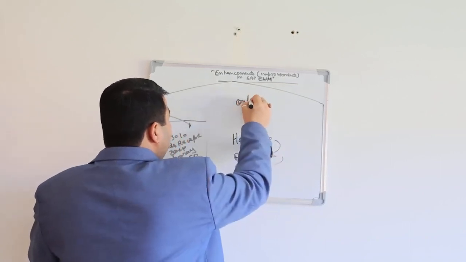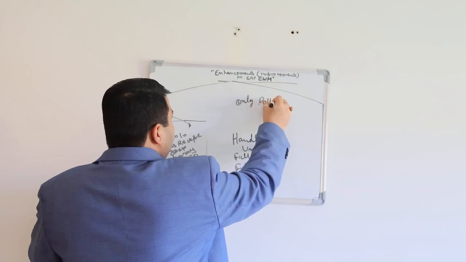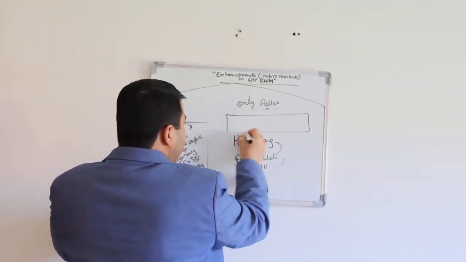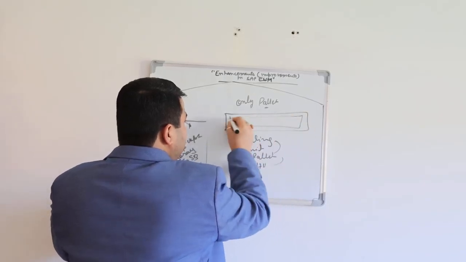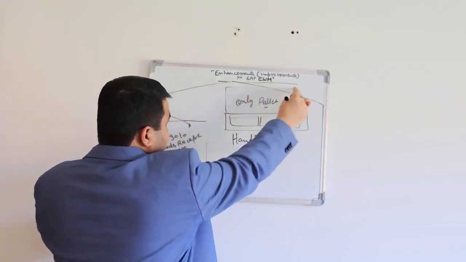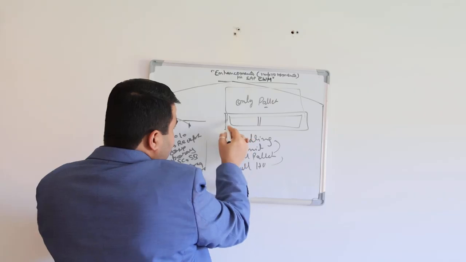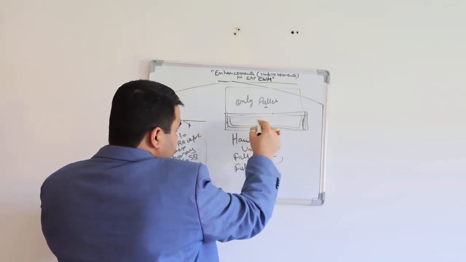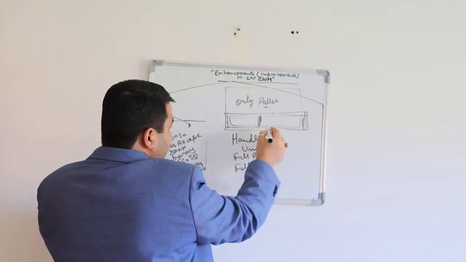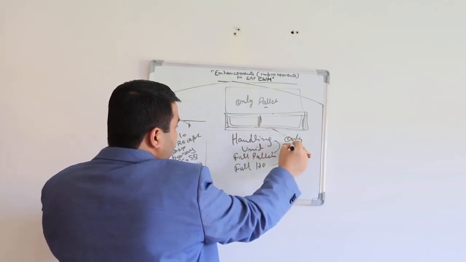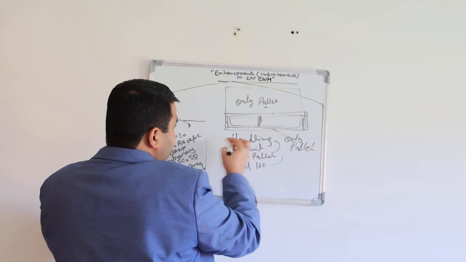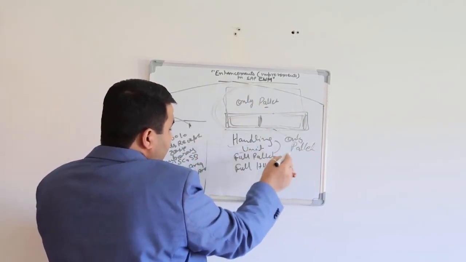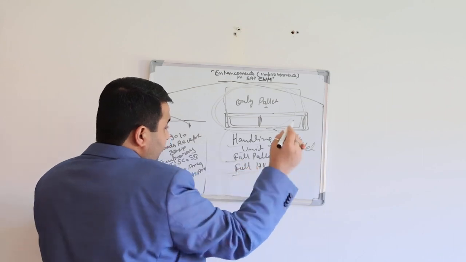If I speak only of the pallet, it means the wooden or plastic base, because we put the HU on top of it, and it is capable of holding the heavy load of the material. That's why we call this only the pallet. And this entire thing is nothing but a container or handling unit, a full HU or full pallet.